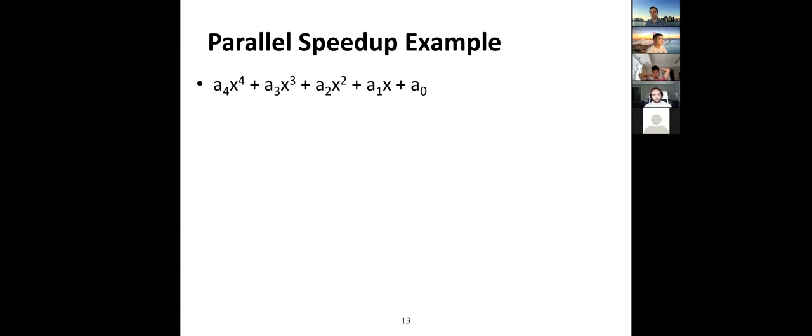Try to write the execution for that and compute how many cycles it's going to take. Just for simplicity, assume that addition takes 1 cycle and multiplication takes 1 cycle, which is actually very common for integer computation these days.